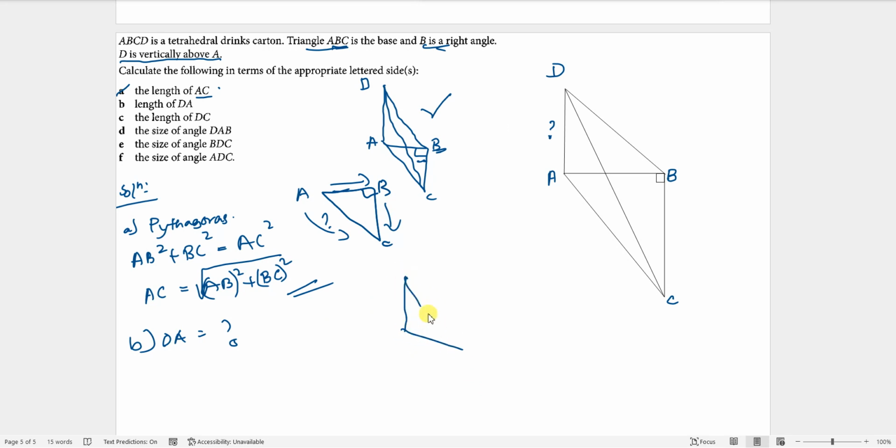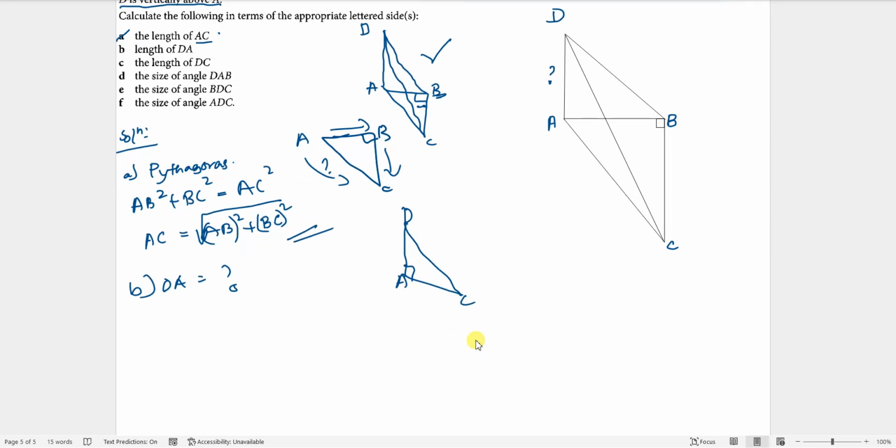Okay, great. So we have A, we have D, and we have C. They've asked us to find the length of DA, this side. So we can write DA square plus AC square equals DC square.